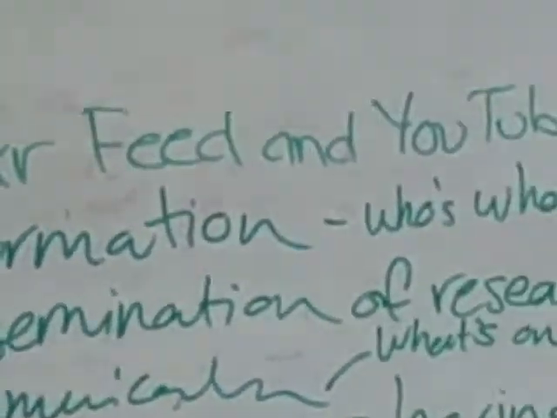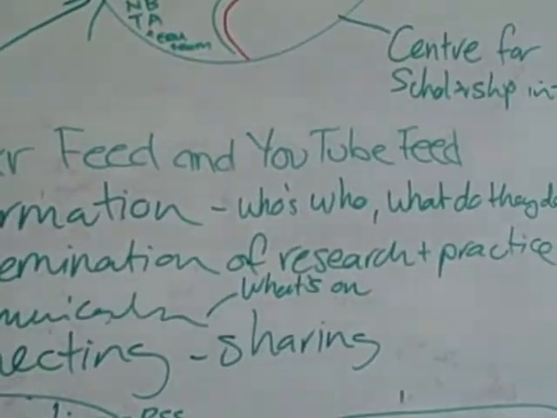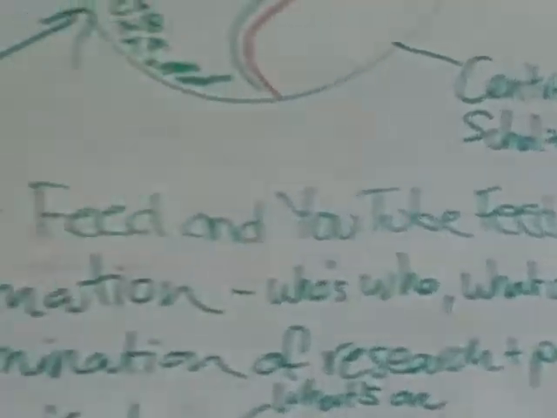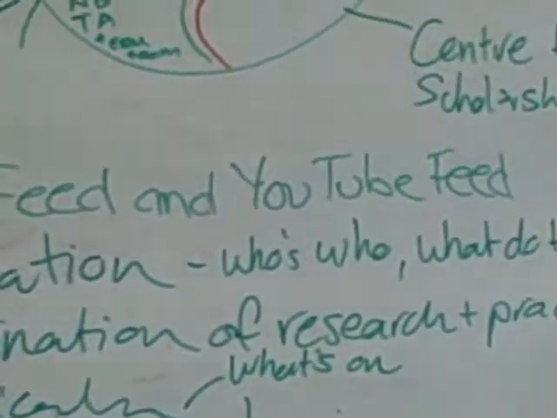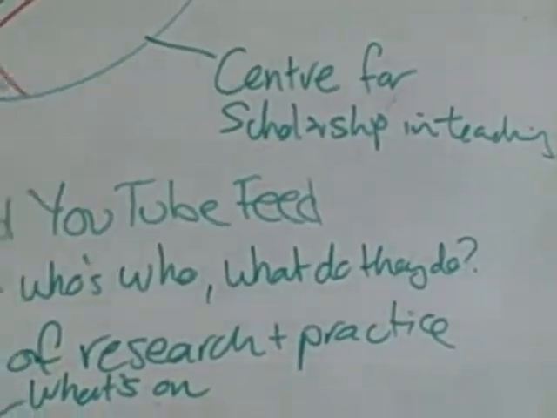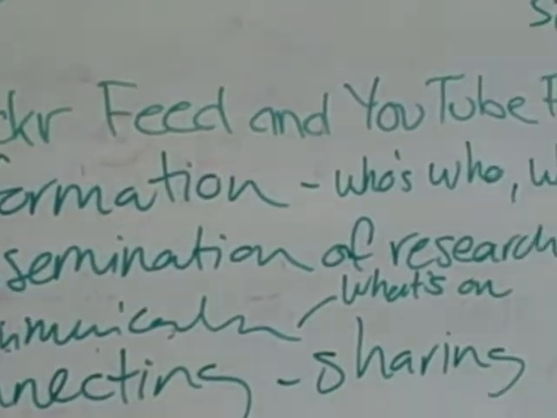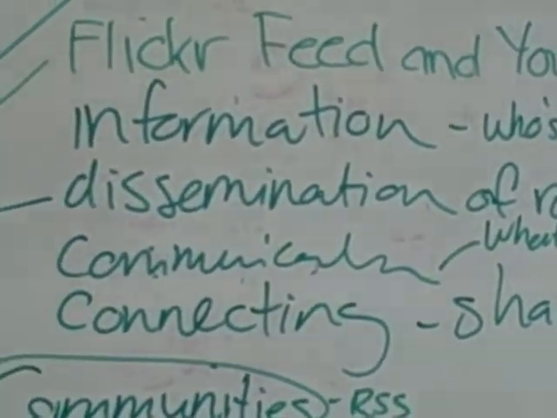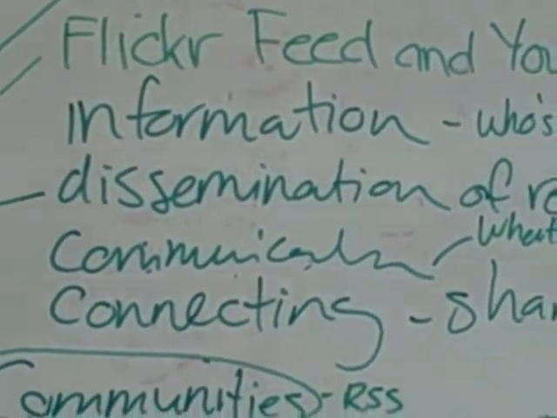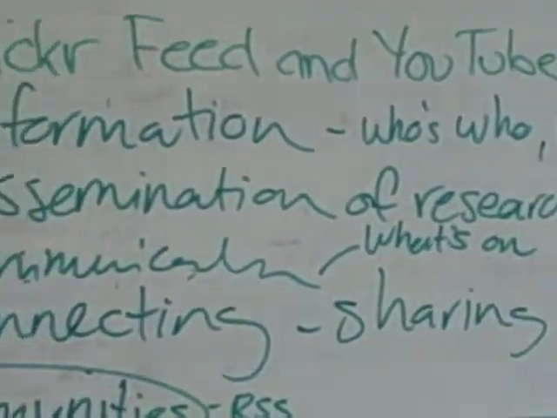Okay, we've got information, who's who and who's doing what, dissemination of research and practice outcomes, communication about what's on, and a big part of the site is about connecting and sharing.